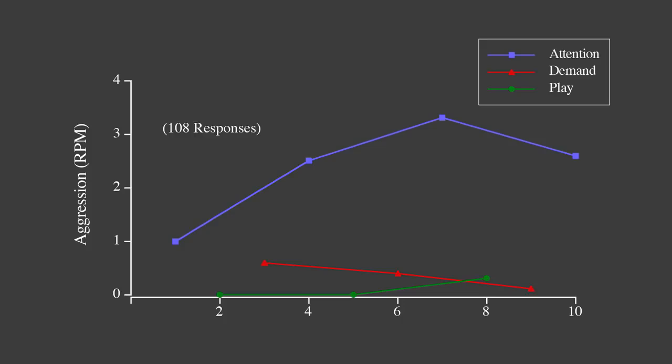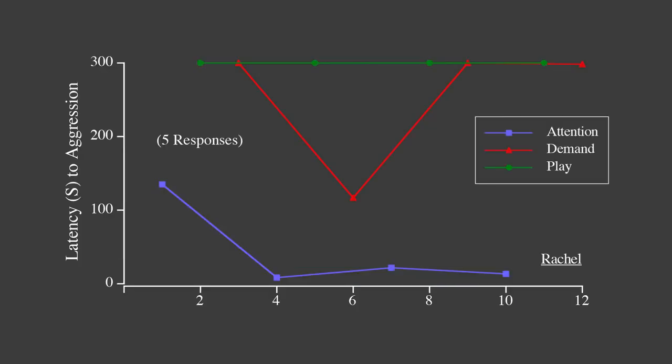Well, of course, we have the raw data, so we can actually calculate the total number of responses, and the functional analysis shown on the bottom of the graph required 108 instances of problem behavior, and in this case, it's aggression. So the therapist is being struck 108 times across all the sessions of the assessment.